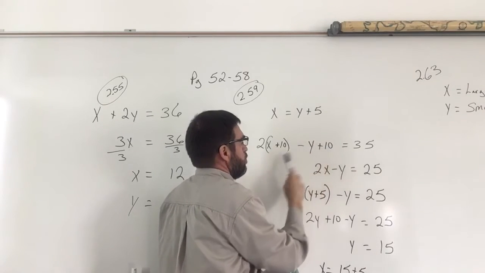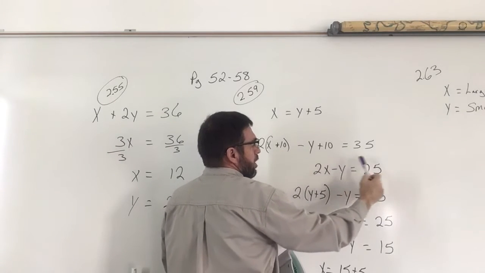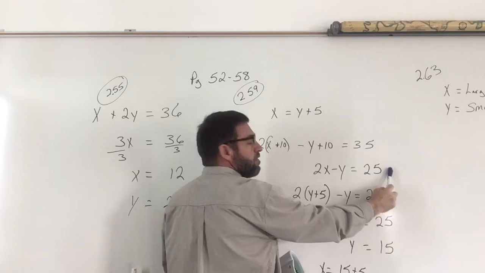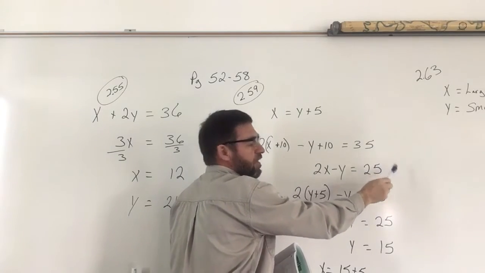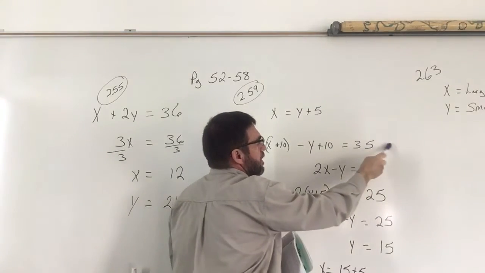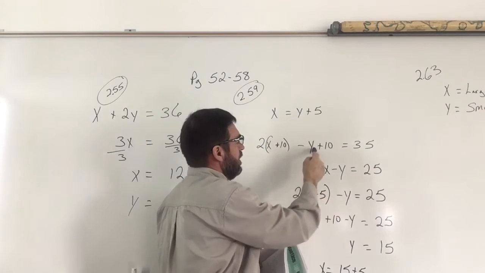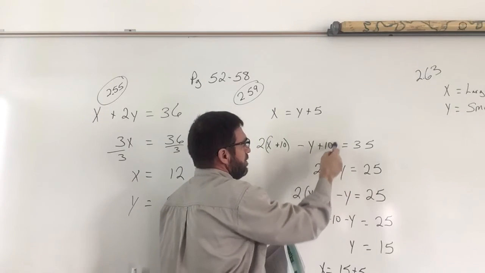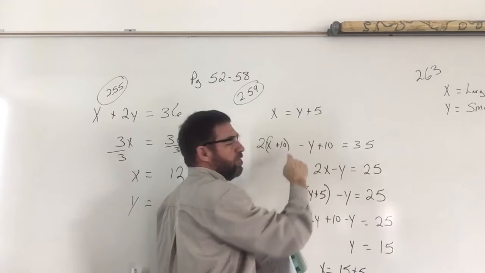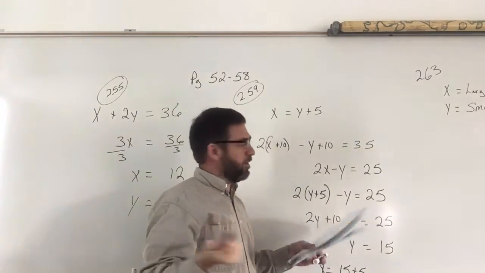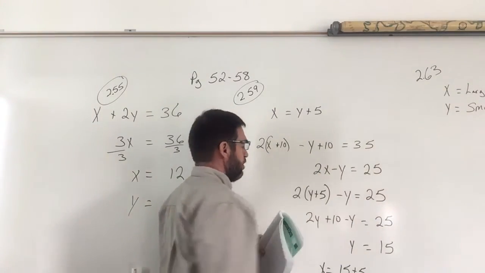Subtract 10 from 20 makes 10, so I have positive 10. I bring it over here, which makes it negative 10. So now 10 off of 35 makes 25. I still have the negative Y, so I bring that down. So you see how I got rid of the 10 years? Those 10 years are on both sides, so get rid of them. Subtract 10 years from the 35.